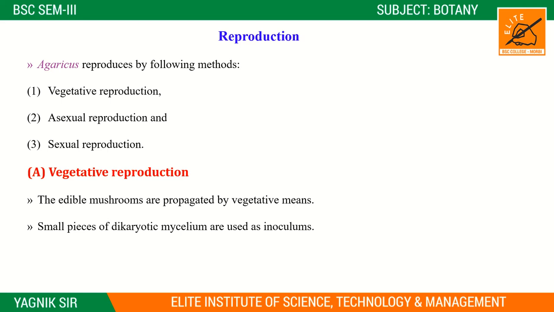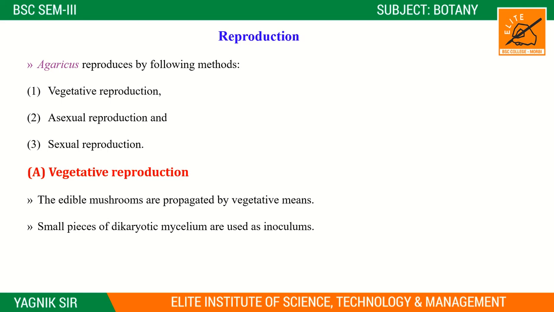So how to do this method properly? In this method, vegetative mycelia are broken into small pieces, and these small pieces of dikaryotic mycelia are able to develop the new plant body of the mycelium, right?